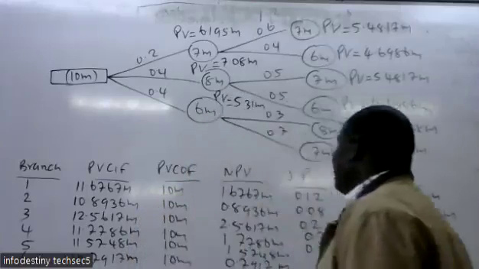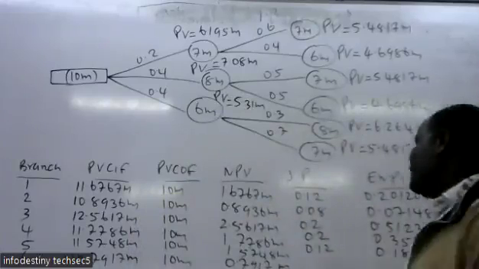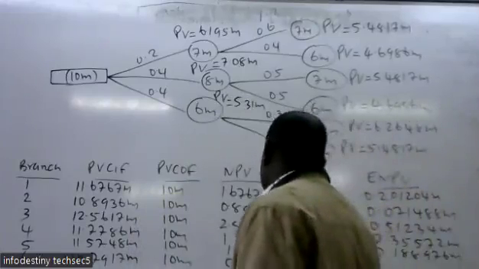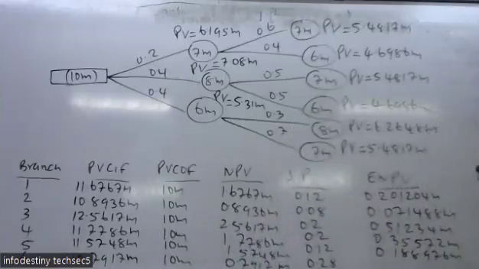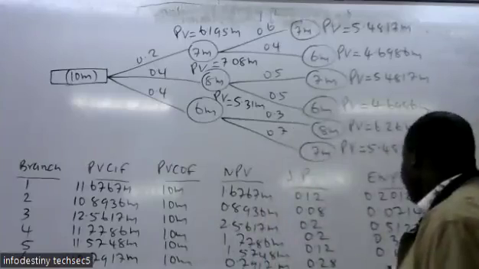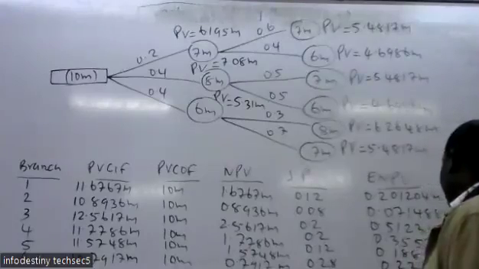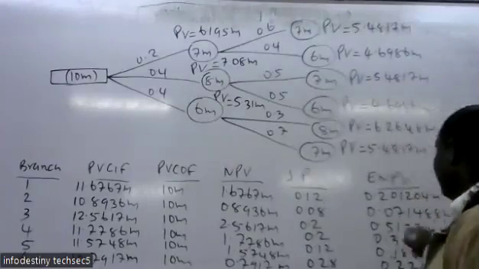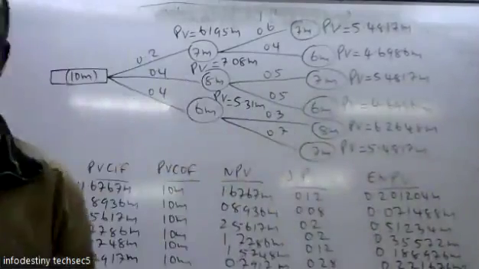So joint probability 0.4 multiplied by 0.3. So when you multiply 0.7917 by that, it should be 0.2 and so on. So add them together now to give you the expected NPV.